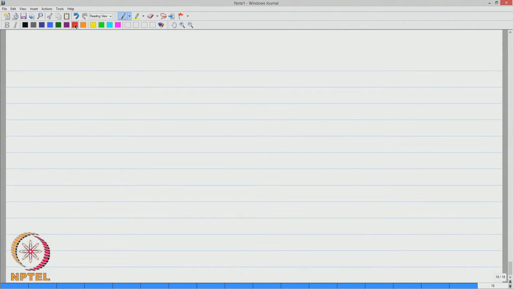There is a very interesting question asked, what is the basic problem in offshore platforms that makes fire protection very difficult?